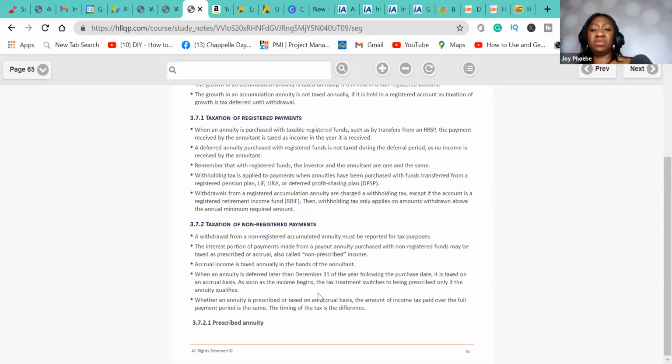Anyways, taxation of the non-registered plan. Well, that one will be taxed now. Withdrawals from a non-registered accumulation annuity must be reported for tax purposes. Okay. Moving on, talking about prescribed annuity.